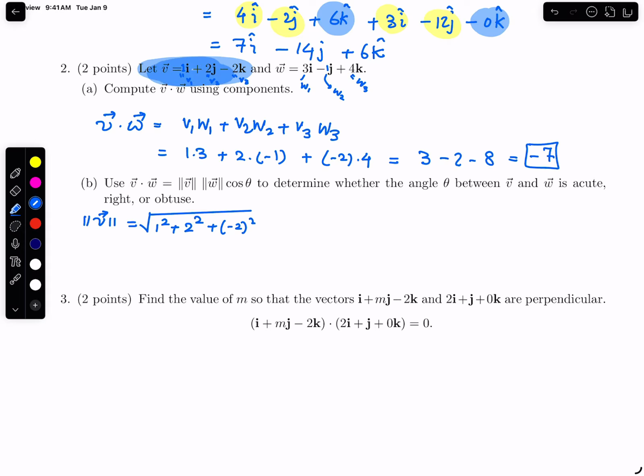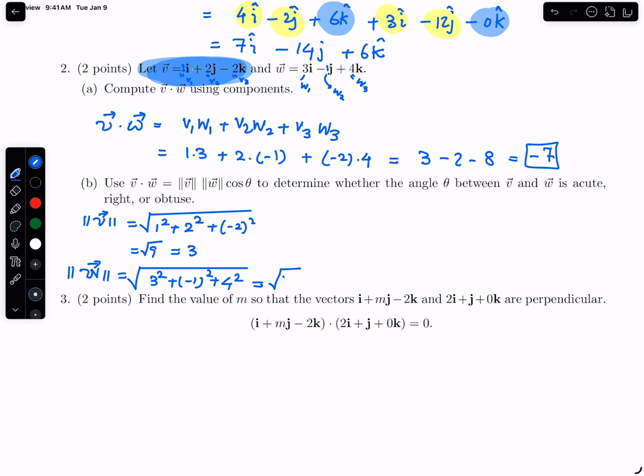So this will give me square root of 9, you can check, which is 3. And the magnitude of w is the square root of 3 square plus negative 1 square plus 4 square, which is root 26.